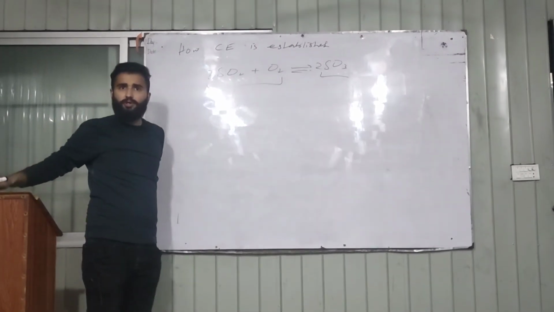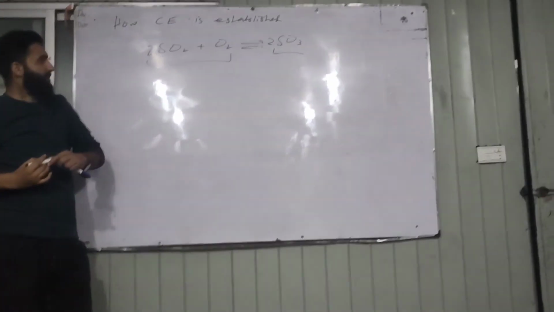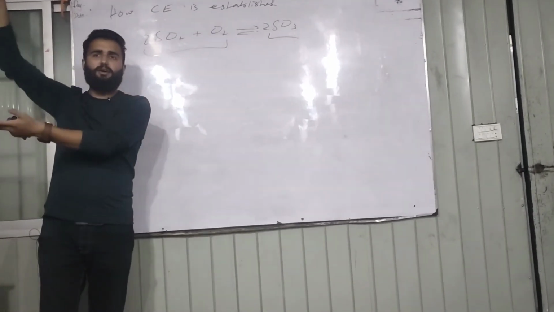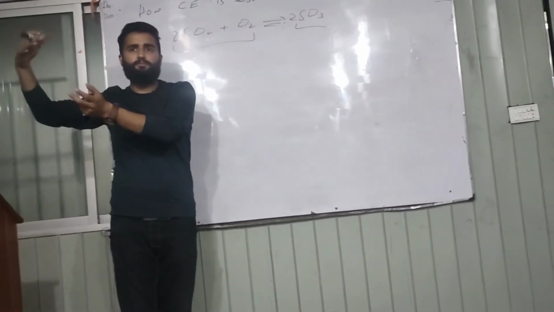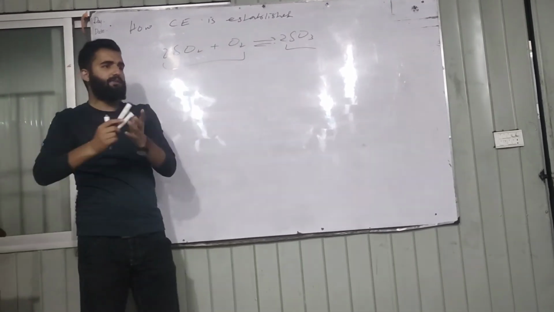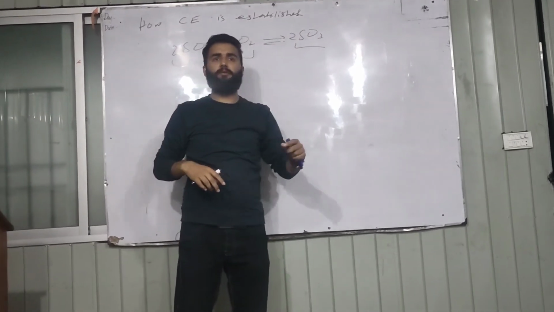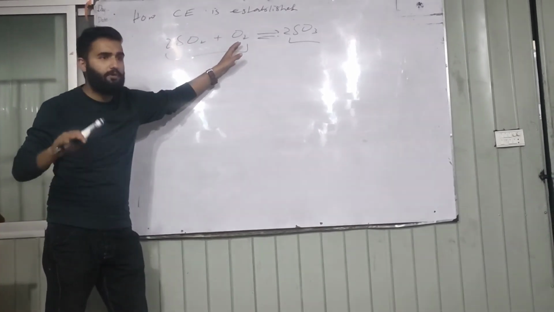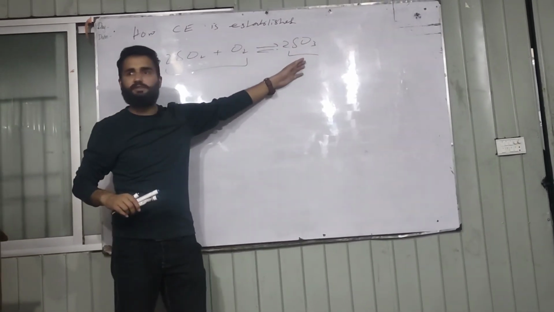In the beginning of the reaction, the amount of sulfur dioxide and oxygen is maximum, and they react with each other to form sulfur trioxide. With the passage of time, the concentration of sulfur dioxide and oxygen reduces, and it is converted into sulfur trioxide.